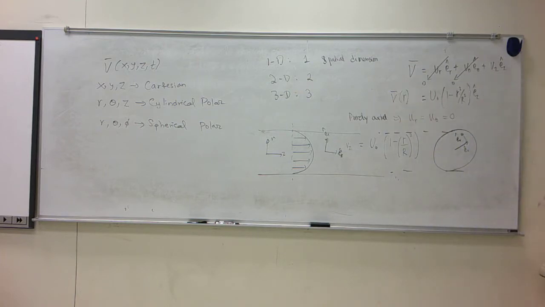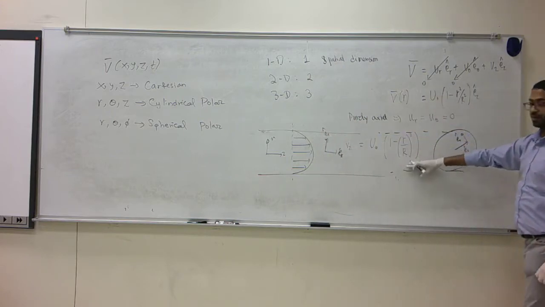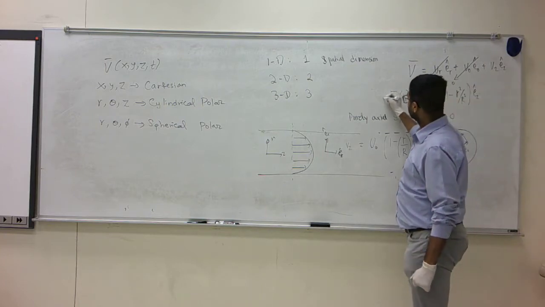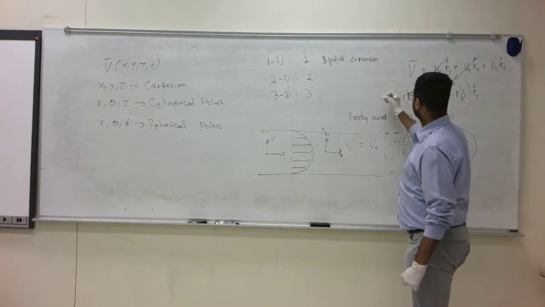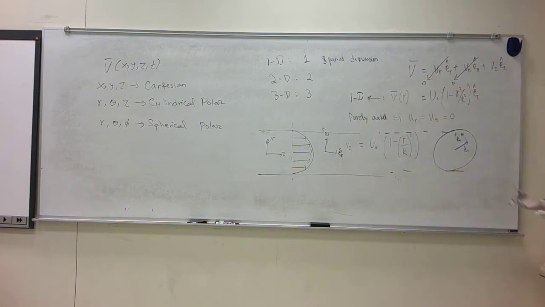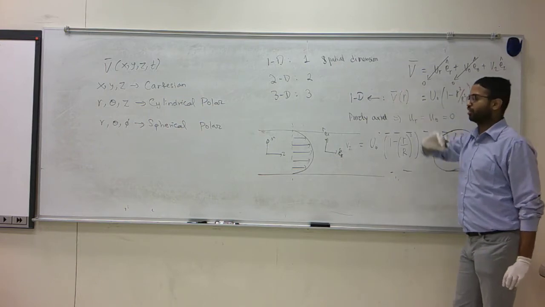So even though this is pipe flow, you have a fluid going through along with a parabolic velocity profile, in reality this is simply a one-dimensional flow. That is, you have only one variable to describe the fluid flow. That's what you would call a one-dimensional flow.